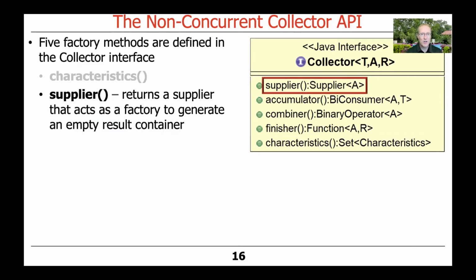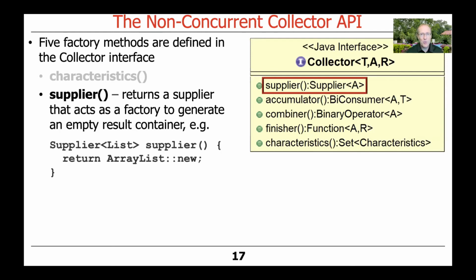Okay, so that's characteristics. Now let's talk about the other four methods that are part of the Collector interface. The first one is supplier, which is a factory method that returns a Supplier, the good old Java 8 Supplier functional interface capability we talked about earlier. And the supplier then acts as a factory to generate an empty mutable result container that the collector is going to be using to keep track of the elements in the stream.